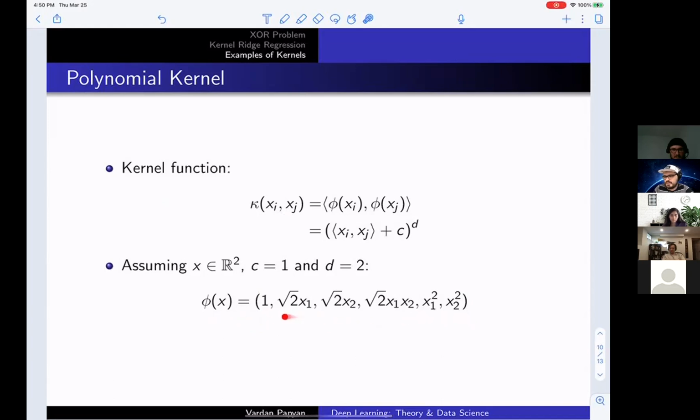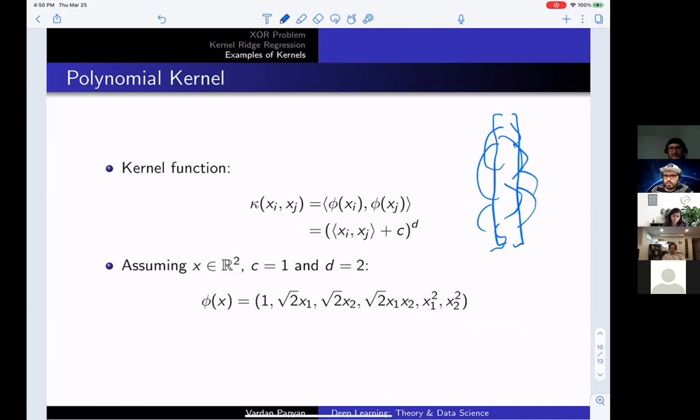So here you can see different monomials. Essentially, this feature vector takes your data x and calculates products of different things, and that's how it creates the feature vector.